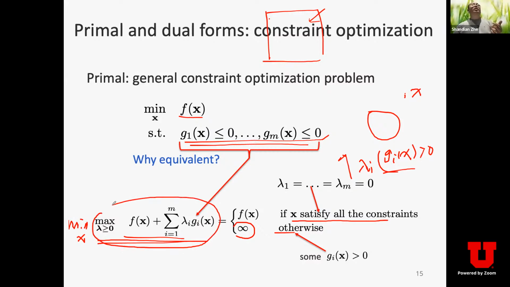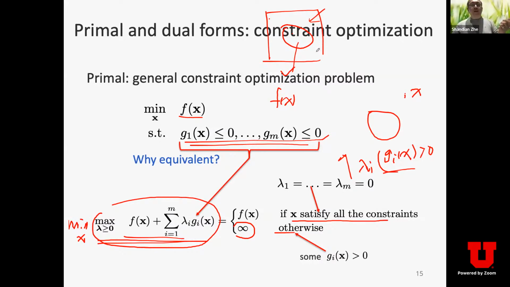For any x inside the feasible region, the inner maximization will give me f(x).